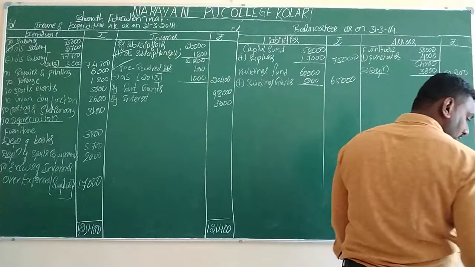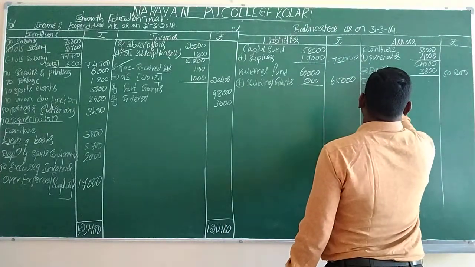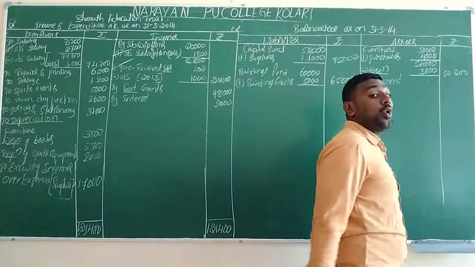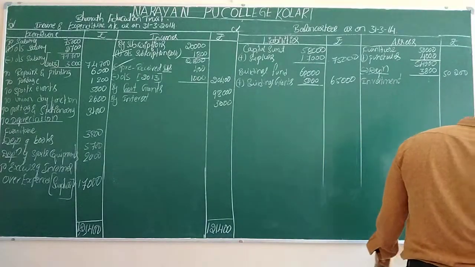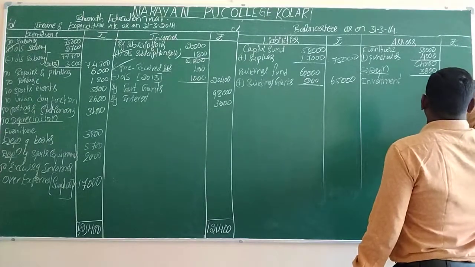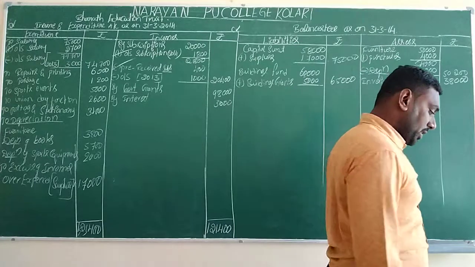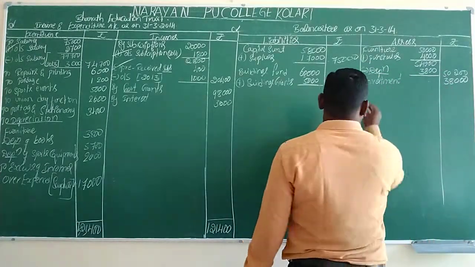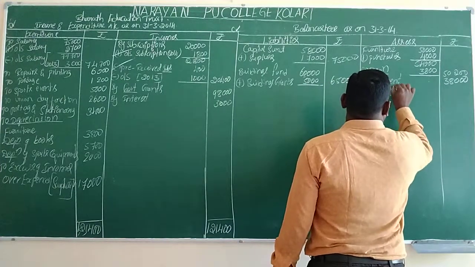After furniture, we have to write investment. For this investment, there are no adjustments, so we write the value directly in the amount column, 38,000. After that, come to sports equipment.